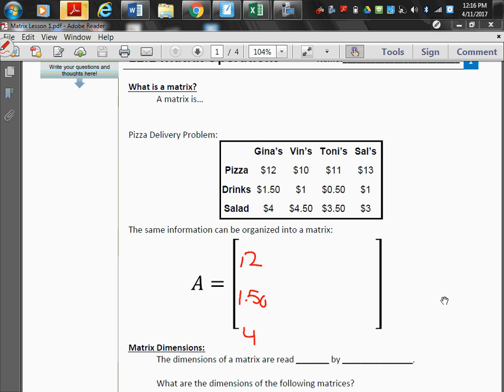So we have a 10, a 1, and a 450. An 11, 50, and 350. What? Why does that look like that? It's not the word. So basically, you're taking this right here, bringing it down, and, yes, putting it in brackets.